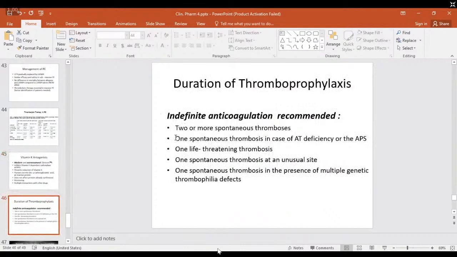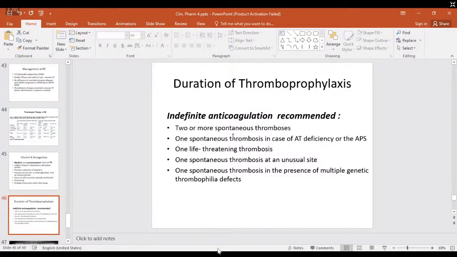The duration of thromboprophylaxis is actually another issue that needs discussion, and sometimes these patients will get another episode of deep venous thrombosis if their anticoagulation is stopped too early. But for most patients, they need to get at least a 6-month therapy with anticoagulation, which needs to be effective.